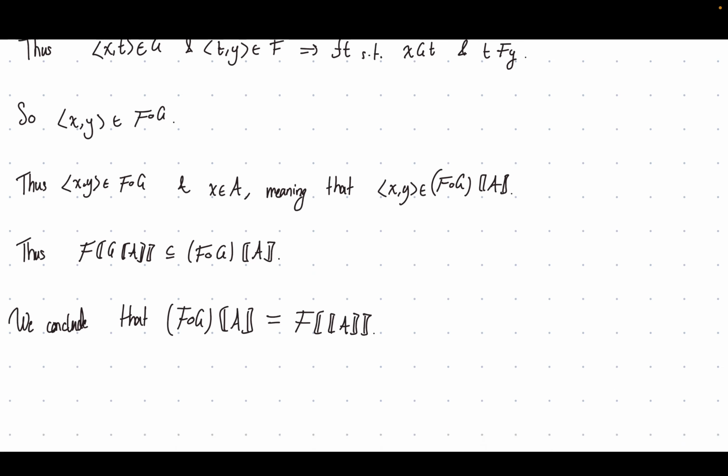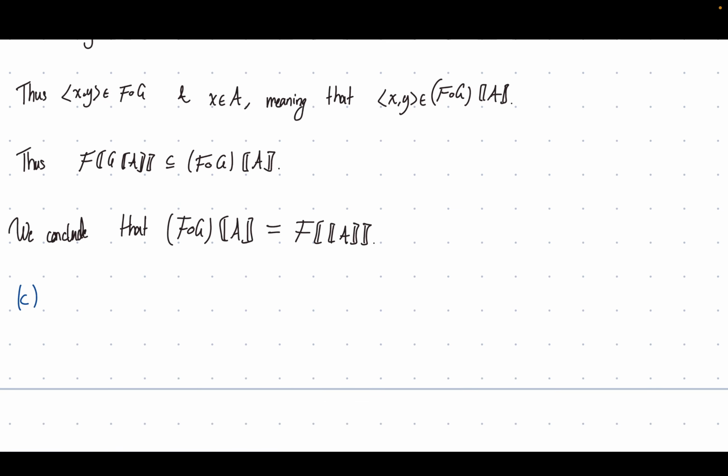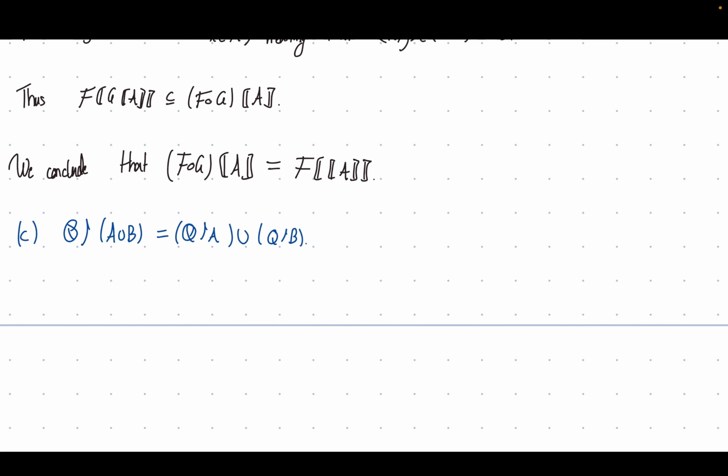There we go. And now C: Q restricted to A union B is equal to Q restricted to A union Q restricted to B, right?